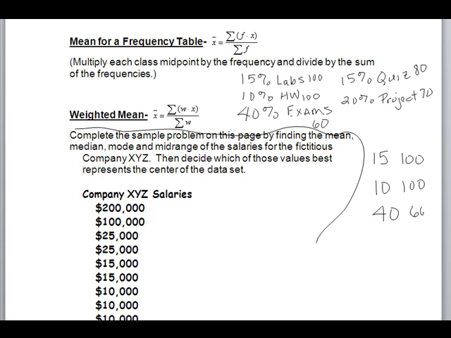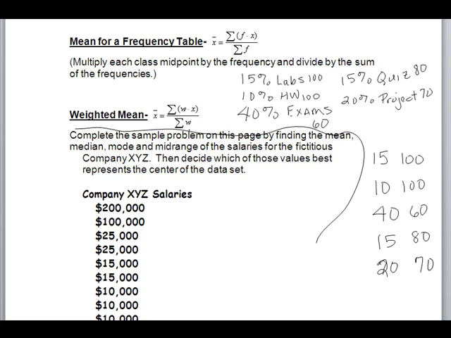The sum of the weights, because these are percentages, all out of 100, is 100. If you add 15 plus 10 plus 40 plus 15 plus 20, you get 100.